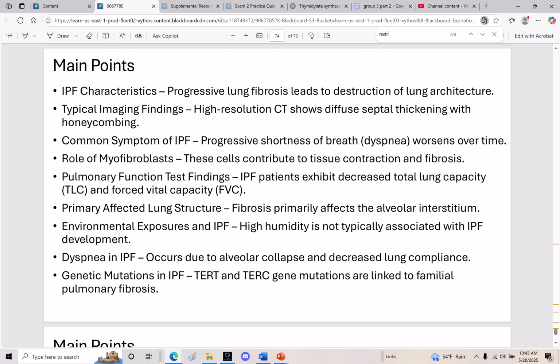That's a very classical differentiation between obstructive and restrictive. They don't have chronic cough. They don't have that amount of mucus secretion, right? Because again, remember you have lungs that have been converted to fibrous connective tissue, right? Fibrosis. The effect on the lung elasticity is that it's going to decrease the lung elasticity.